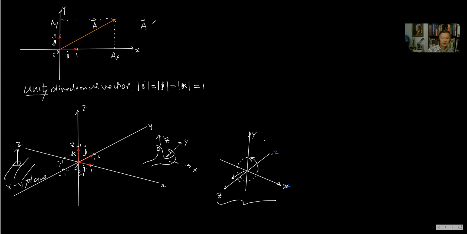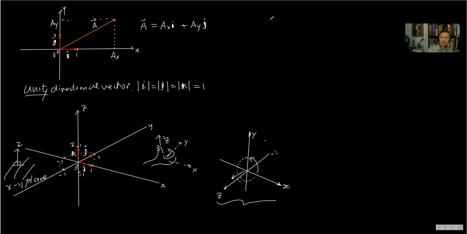For the vector A, we can rewrite this as the x component multiplied by i, that is the notation we just used, plus the y component multiplied by j, because that is based on our knowledge of the sum.